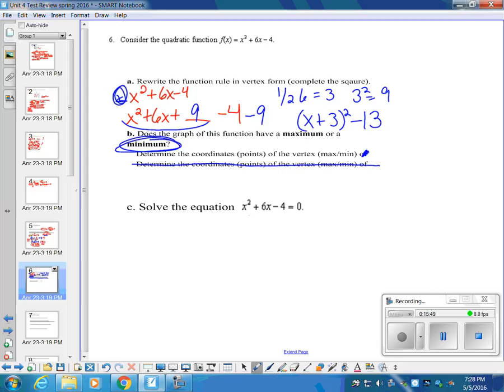You have the opposite of h and k. The opposite of h is going to be negative 3. Just take k, so it's negative 13. So you've got (-3, -13).